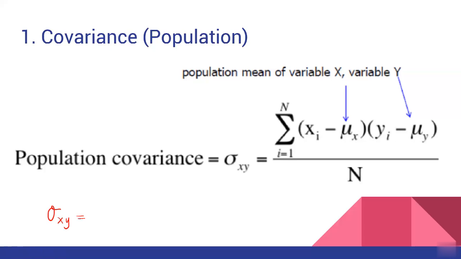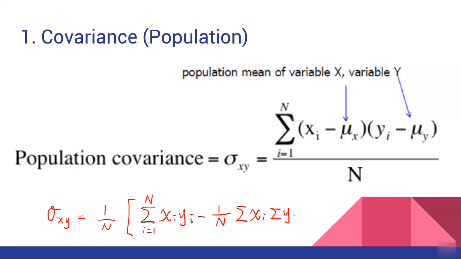Sigma xy equals 1 over n times, okay, first part is the sum of the product of xi and yi, i ranges from 1 to n, minus 1 over big N times the sum of xi times the sum of yi.